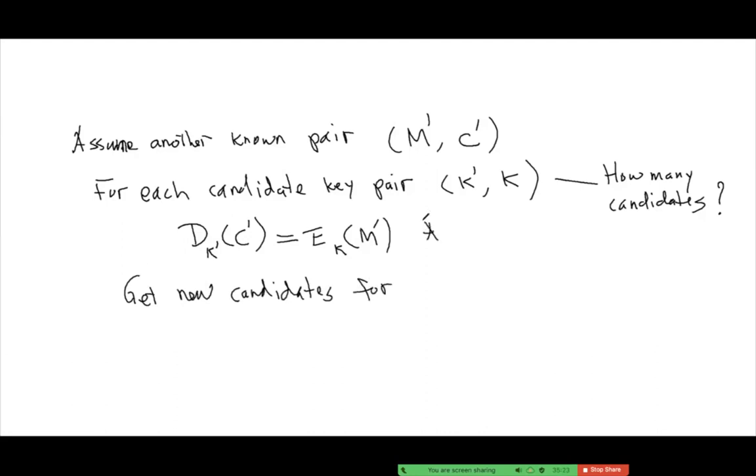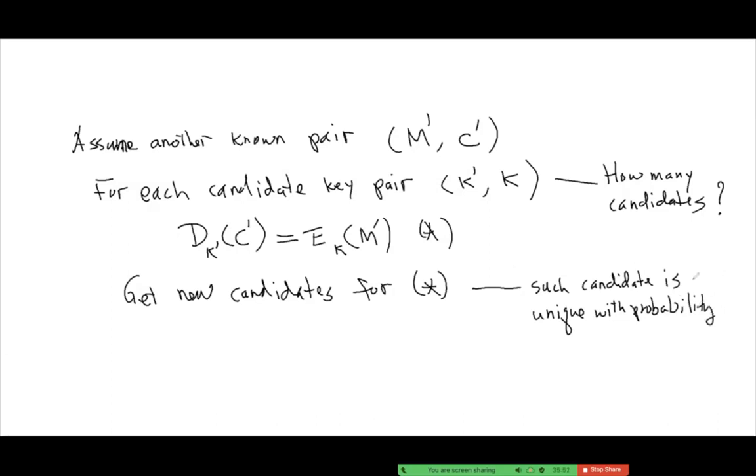Let's call this star. We can show that with probability greater than 1, this is unique. So such a candidate is unique with probability greater than 1.